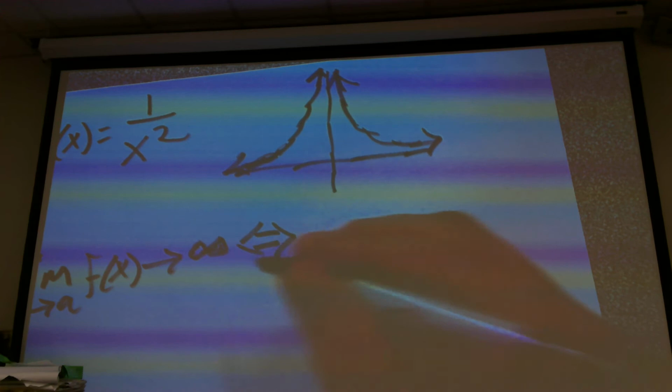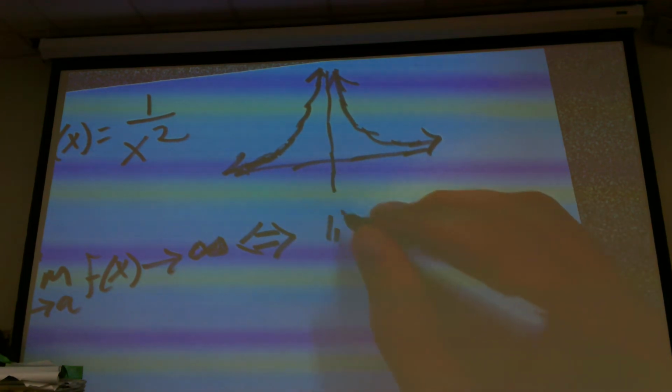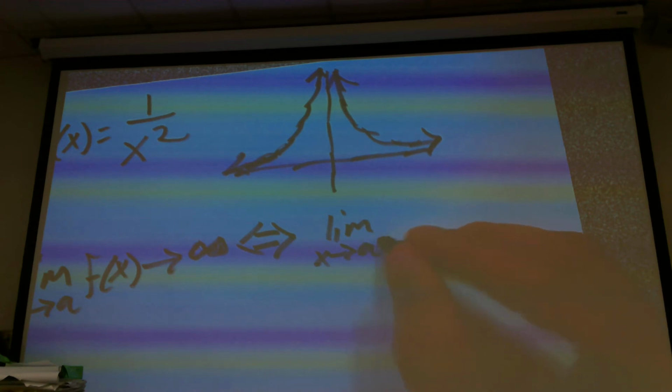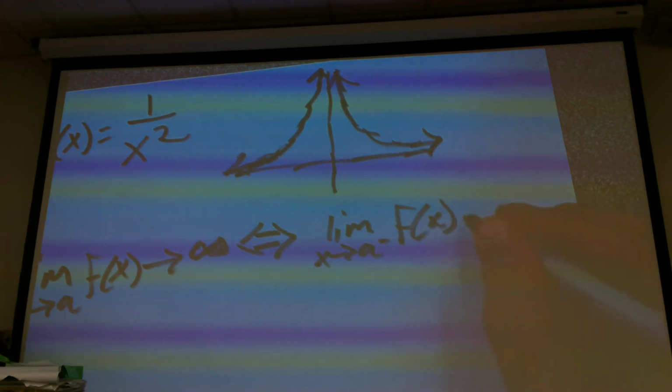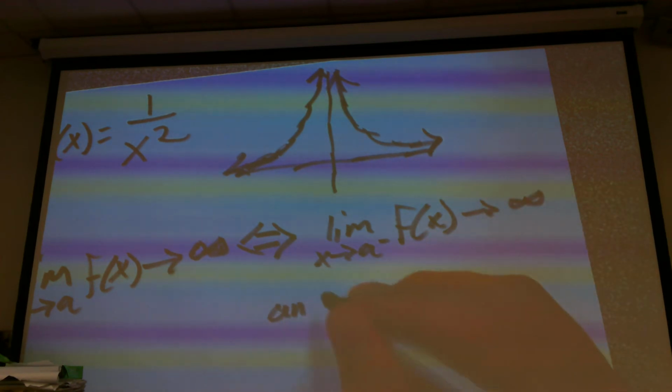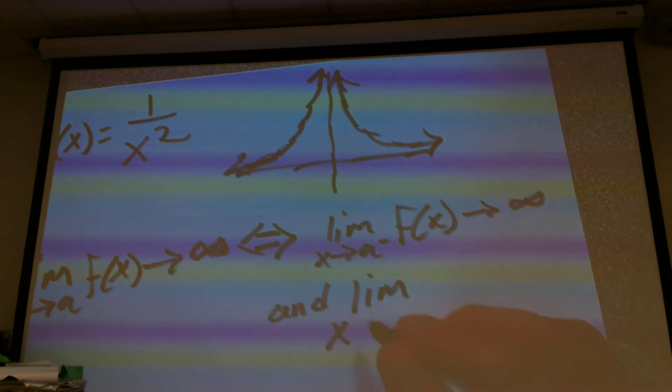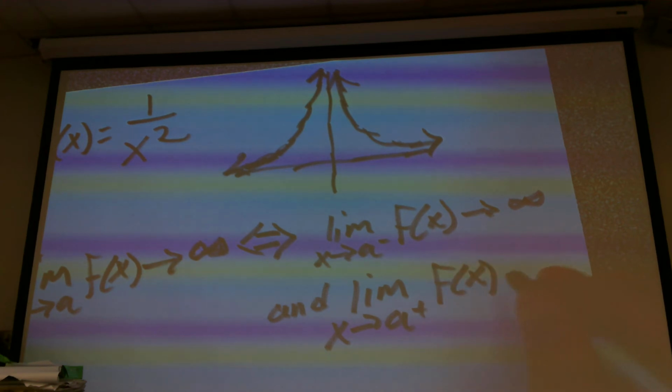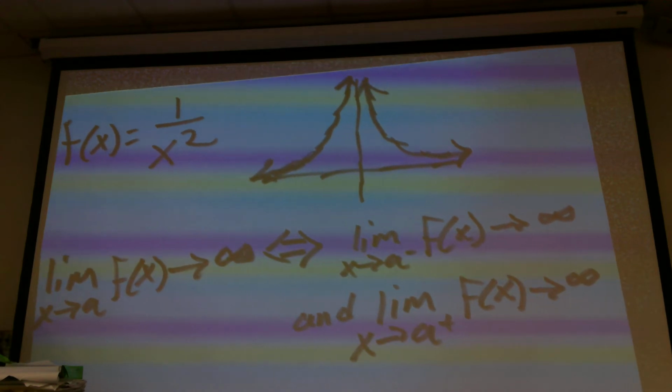If and only if the limit as x tends towards a from the left of f of x tends towards infinity, and the limit as x tends towards a from the right of f of x tends towards infinity.